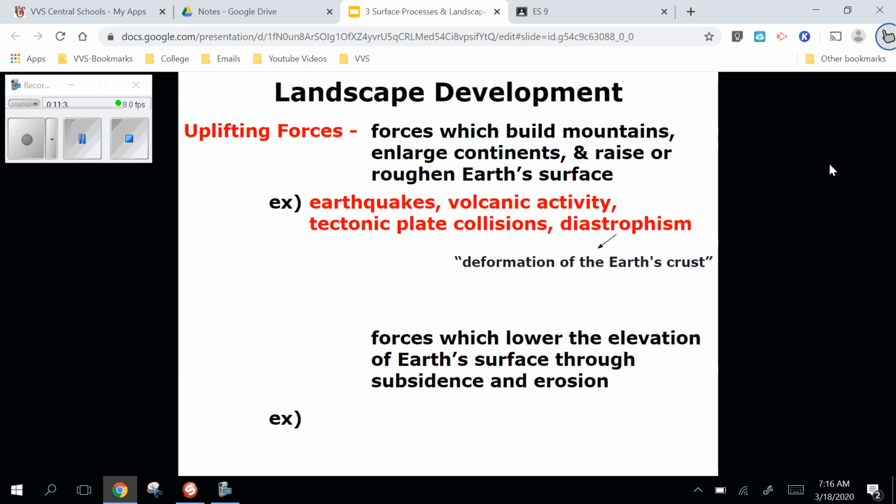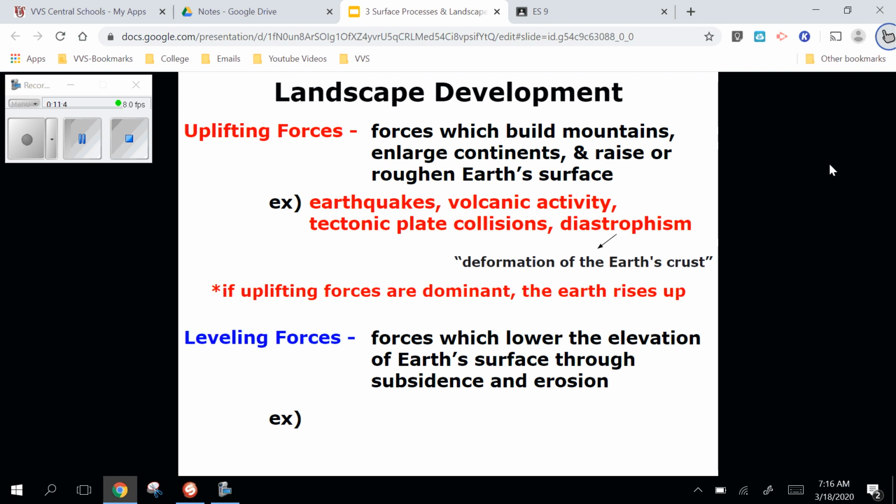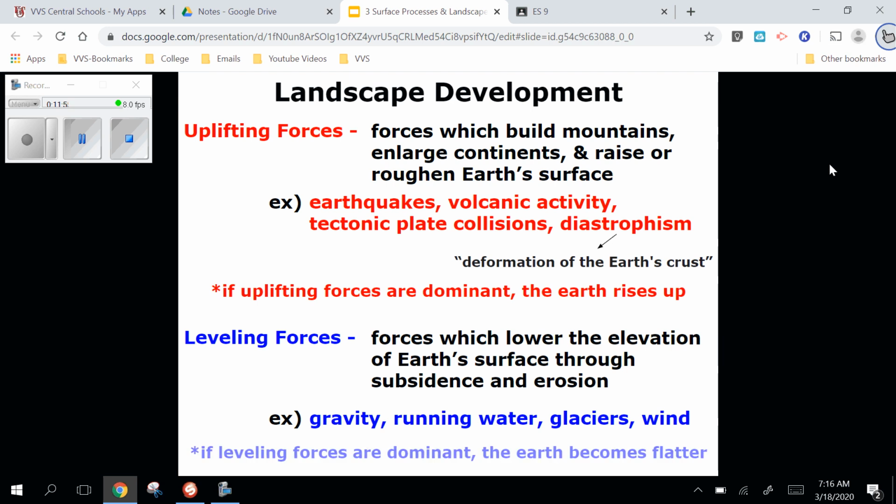Now, competing against the uplifting forces would be the leveling forces. If uplifting forces are dominant, the Earth rises up. Leveling forces, gravity, running water, glaciers, wind, are those things that lower the elevations or wear the Earth down. If the leveling forces are dominant, then the Earth becomes flatter.